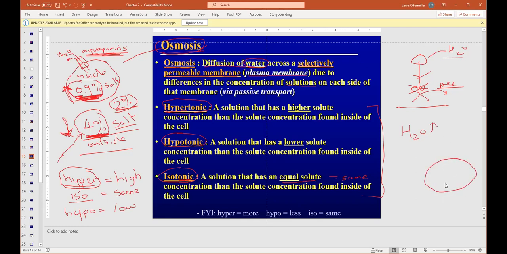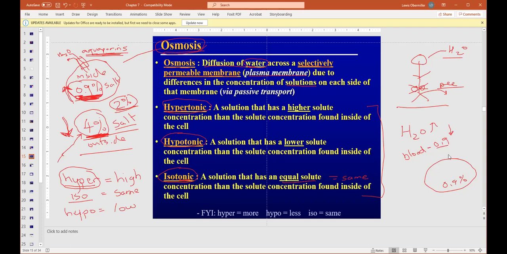So here's our cell. Remember, it's 0.9% normally, and your blood, which is going to be on the outside of your red blood cells, right? Your blood's made out of liquid mostly, and proteins and stuff like that. But if you keep drinking water, your blood would normally be 0.9%, but I'm pouring water into 0.9%.